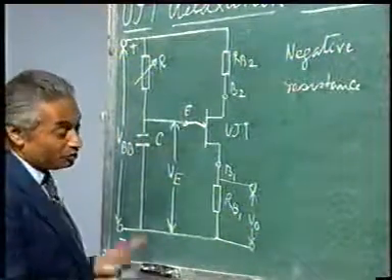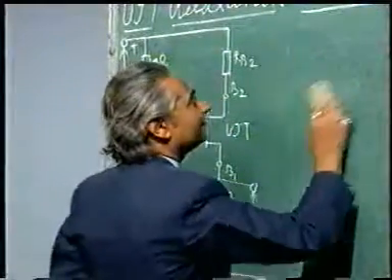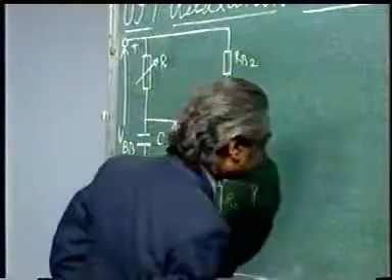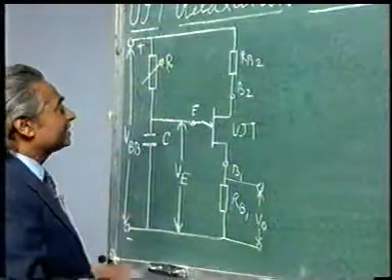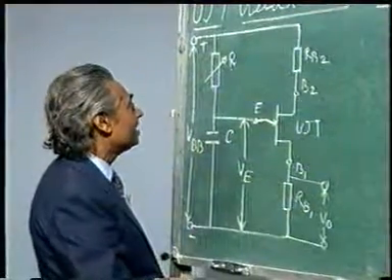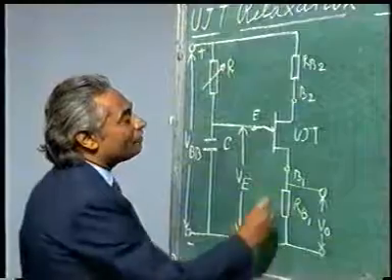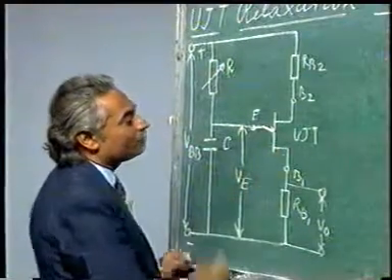Now what will be the shape of the wave you get as the output? You know that this capacitor will first charge, and when it charges, up to what voltage will it go? It will go to the voltage of Vp, that is the peak point voltage of this UJT.